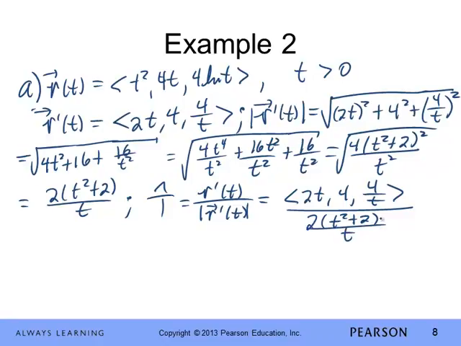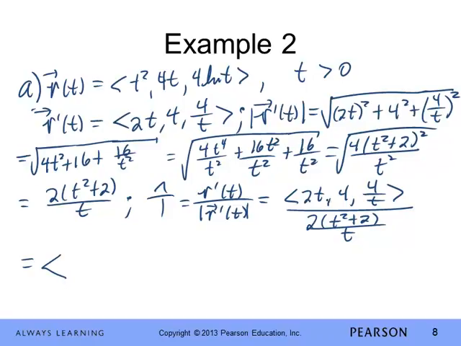You could leave it in that form, or you can go ahead and divide each of the terms of r prime by the scalar function 2 times t squared plus 2 over t, which we can do right now.